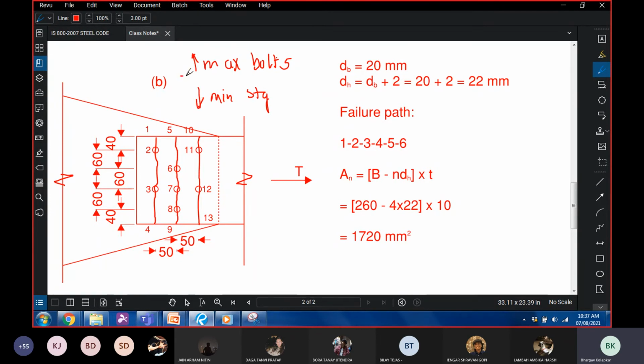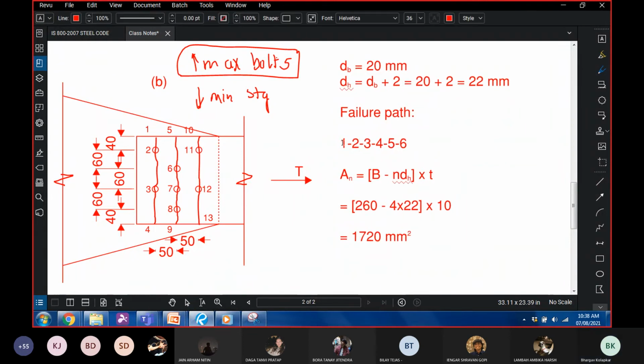This is our step right now. Which of the three paths do you think would occur? Path number 2, right? Because there are 3 bolt holes, the net area of this path is lesser as compared to the other 2 paths. This is how we eliminate our work.